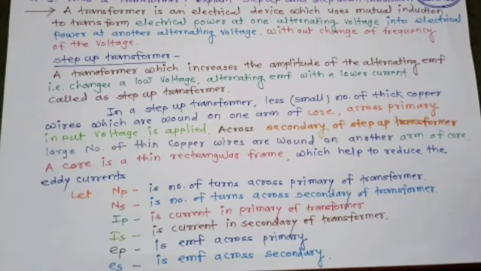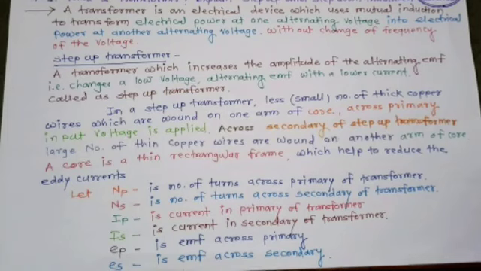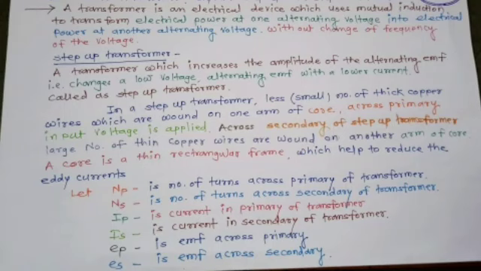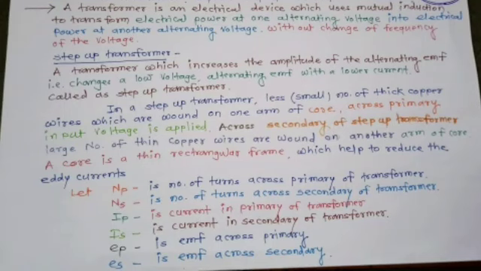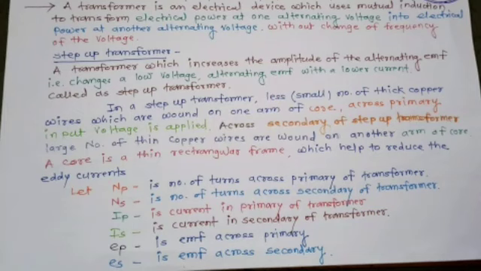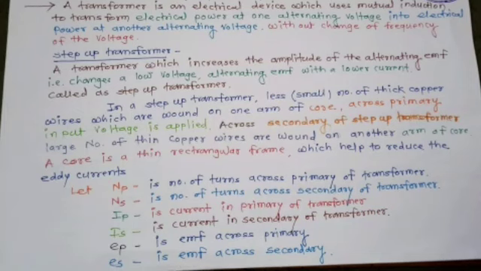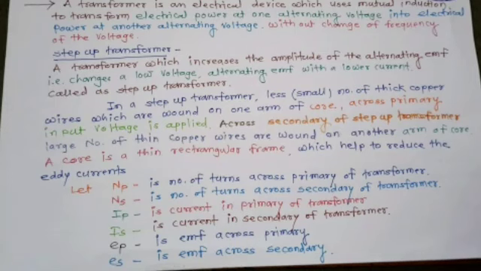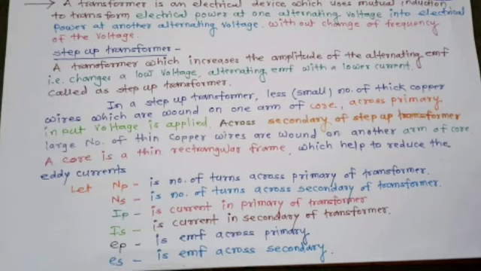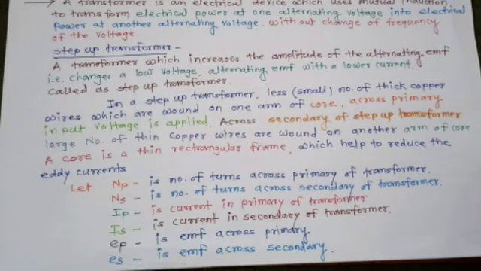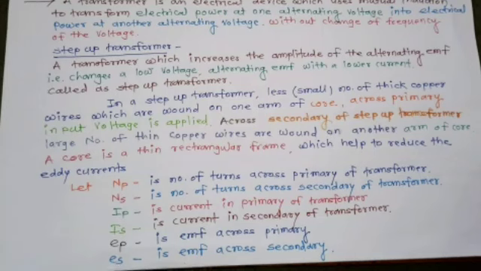In step up transformer, a small number of thick copper wire turns are wound on one arm of the core. Across the primary, input voltage is applied. Across the secondary of the step up transformer, a large number of copper wire turns are wound on another arm of the core.